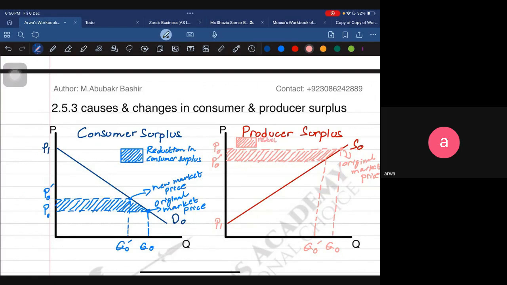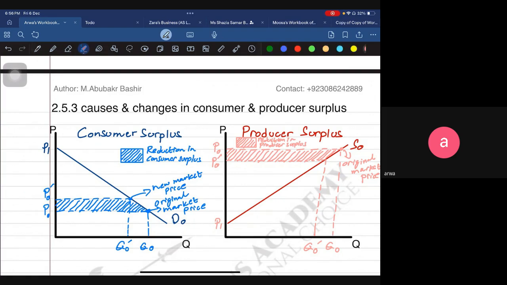Reduction in producer surplus. Right? Yes, sir.